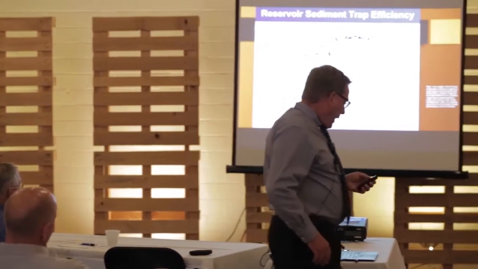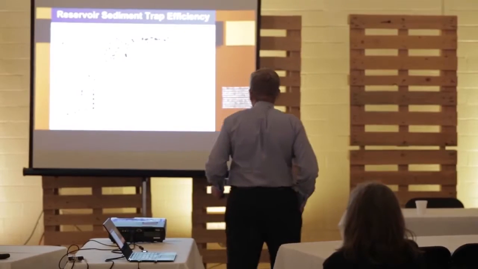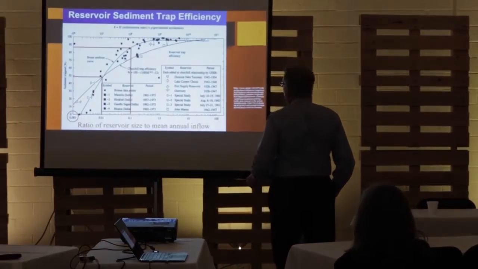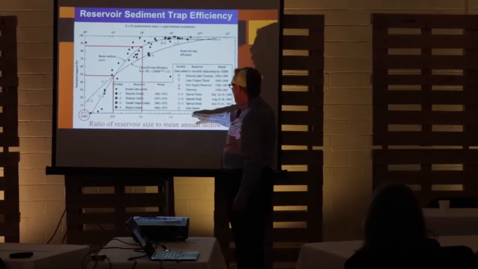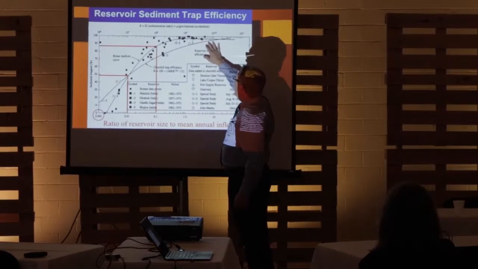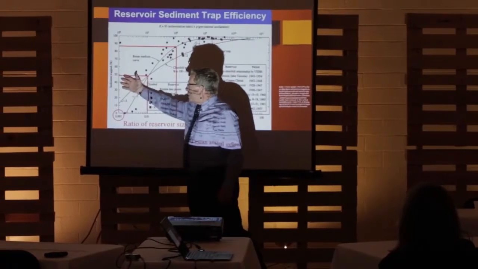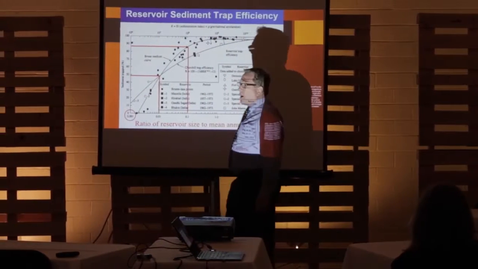So this is a graph whose x-axis is how big the reservoir is. And the largest ones on the Missouri are up in this range, where it takes 3 years to fill. Notice that there aren't many dots up here. Each dot represents a dam. And on the y-axis is how much sediment is trapped.